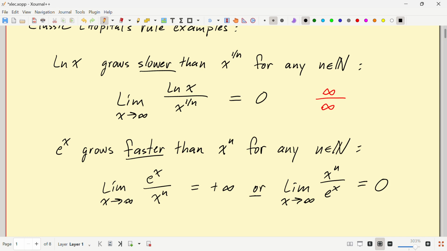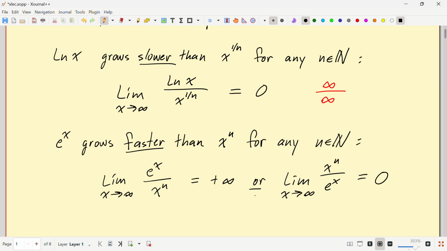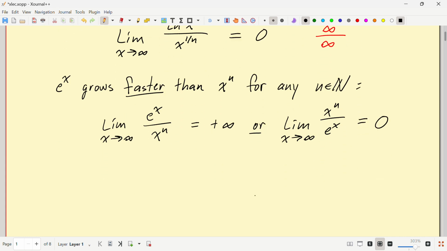Okay, and so the question is, how would I use the same ideas I used to get L'Hopital's rule to demonstrate this? Let's think of a theorem. What theorem do we need?